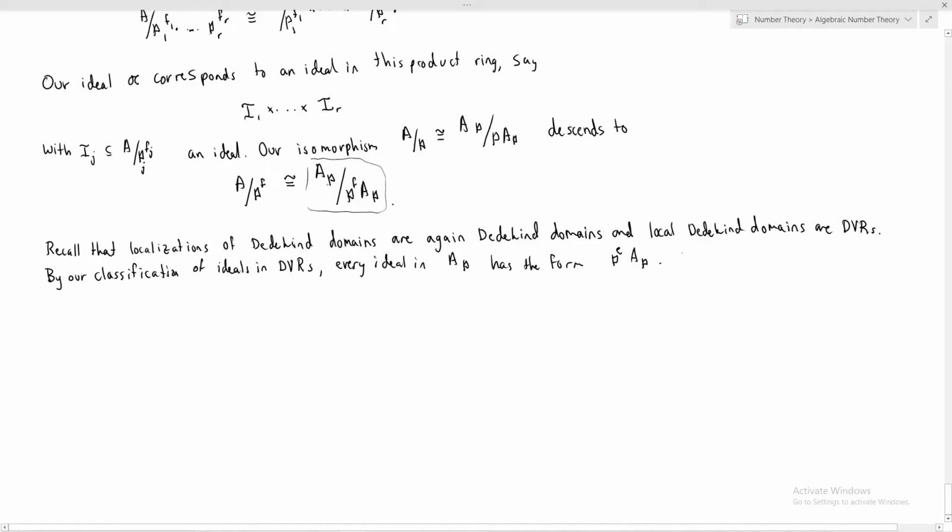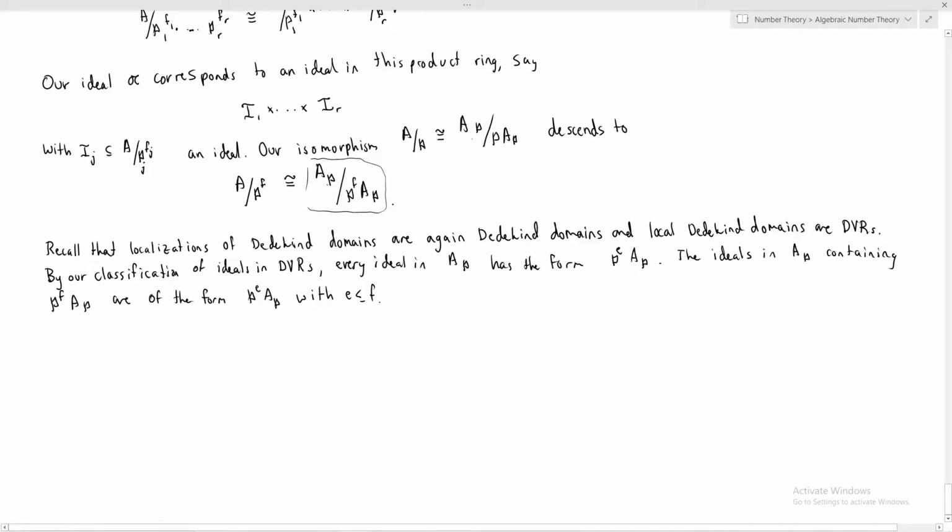The ideals in A localized at P containing P to the F A sub P are of the form P to the E A sub P with E less than or equal to F. Okay.